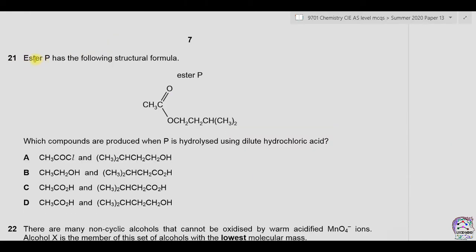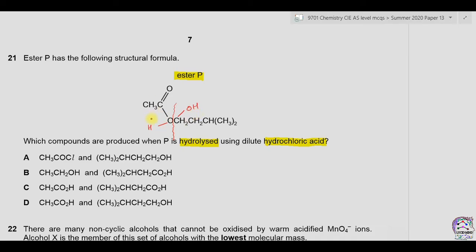Question 21. Ester P has the following structural formula. This is the ester. Which compounds are produced when P is hydrolyzed using dilute HCl? Now we should know that whenever an ester is hydrolyzed in the presence of acid, the ester is broken into carboxylic acid and alcohol. The bond between this oxygen and this R group breaks, and H plus is attached to this oxygen while OH is attached to this carbon atom.